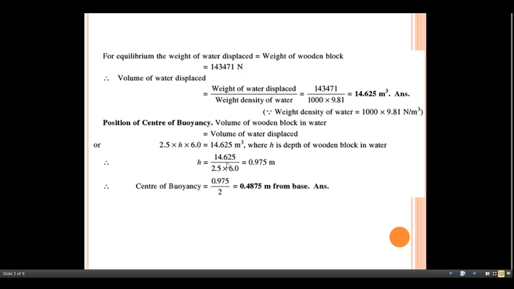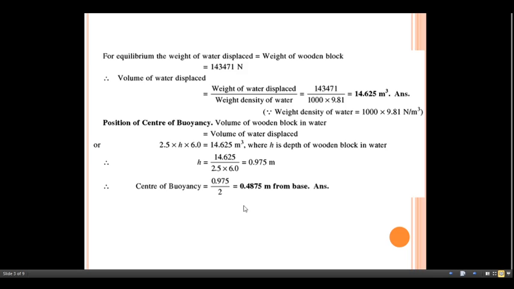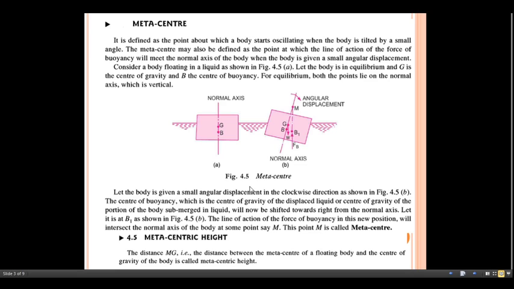For simplification, we get h as 0.975 meter. So the center of buoyancy is half of this from the base, which is 0.4875 meter from the base.